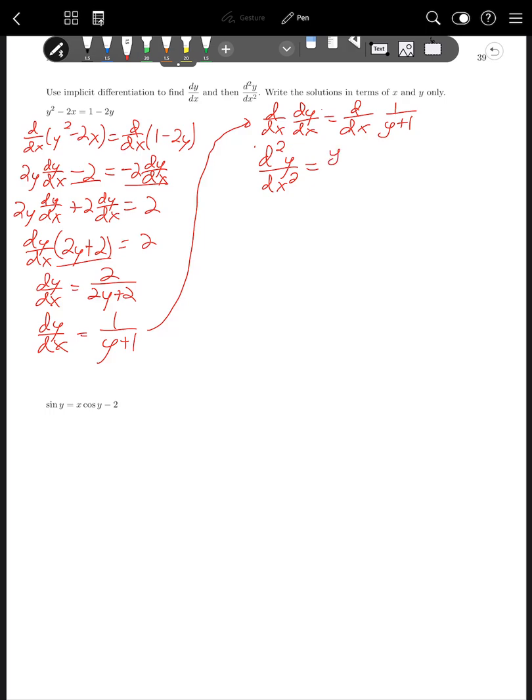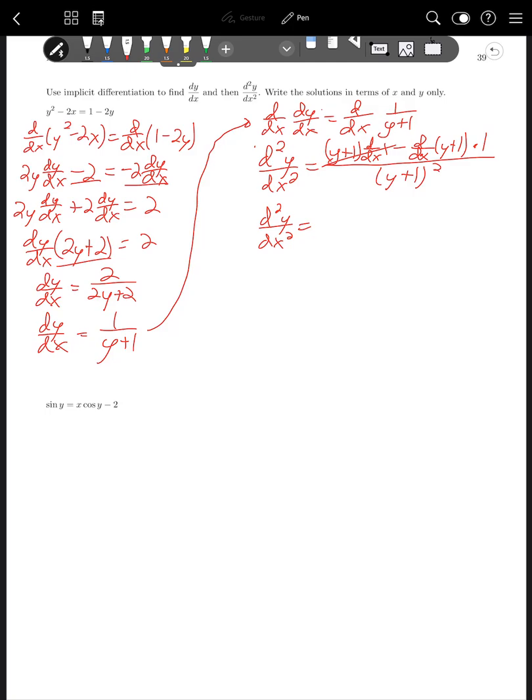So that's going to be y plus 1 times the derivative of 1 minus the derivative of y plus 1 times 1, over y plus 1 squared. Okay. So if we do that, the derivative of 1 is 0, and 0 times anything is 0, so that part's just going to go away.